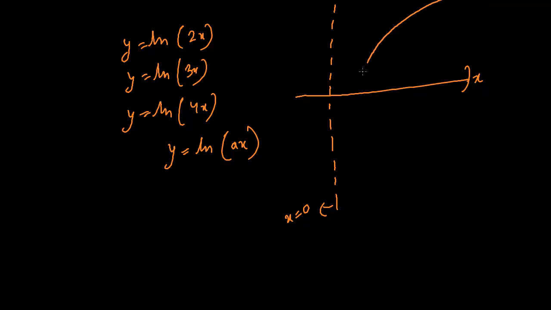Instead of passing through the point 1, it would pass through the reciprocal of the coefficient. So if it is 2, this would be 1/2. If it is 3, this would be 1/3, and on and on.